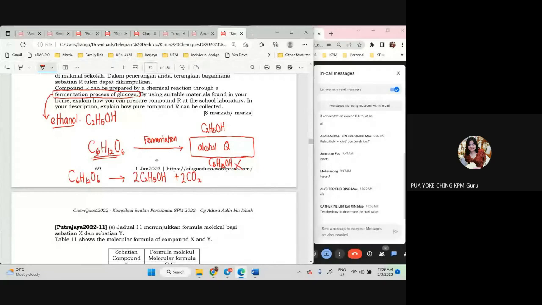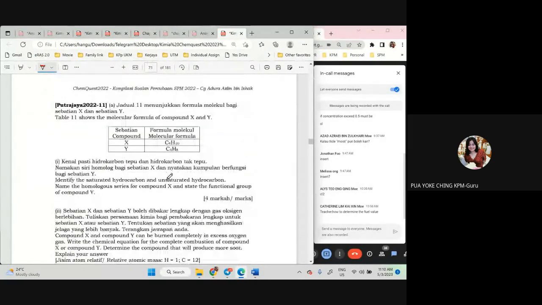And this one we call it fermentation, and you need yeast as the catalyst because in yeast there is an enzyme, we call it zymase. Okay, so ini untuk fermentations of alcohol. Jangan tertipu, ingat dia C6. Dia hanya C2.